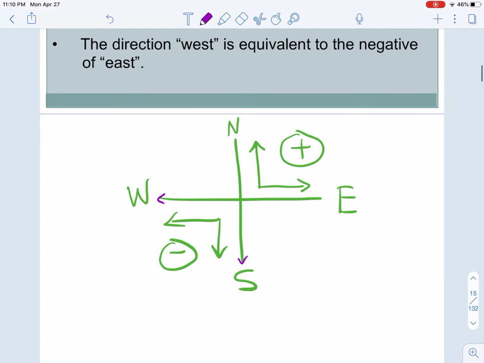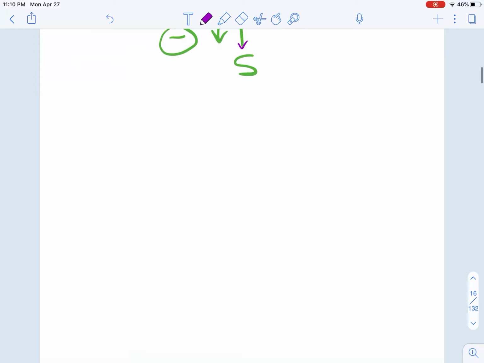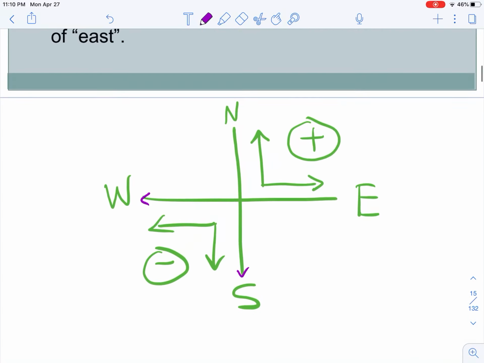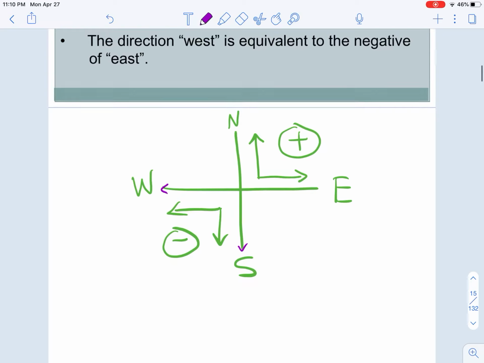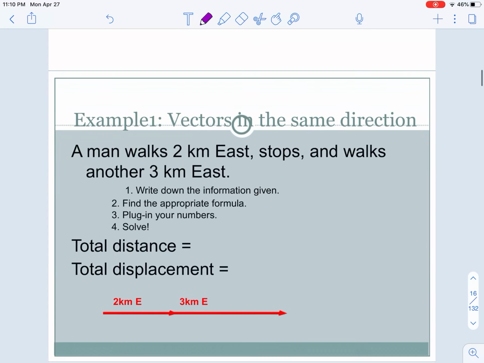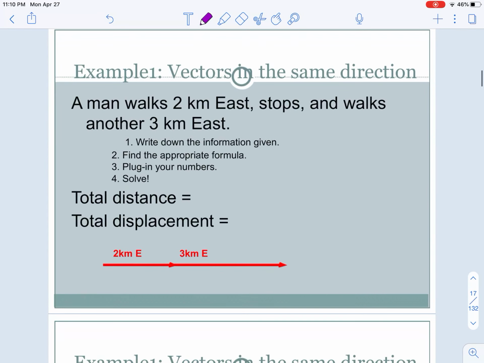North being positive, east being positive, west being negative, south being negative. So this is information used when you're doing some of your problem solving. You guys may want to write this down in your notes or take a photo of it or something, because you'll have to know these.